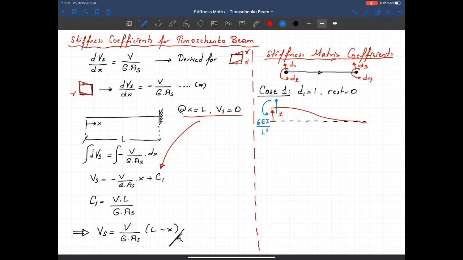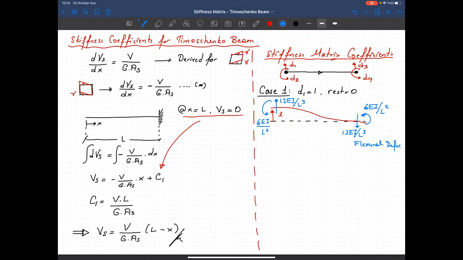This force is 12EI over L cubed. This one is 12EI over L cubed. And the rotation is 6EI over L squared. So that's the case when we have only flexural deformation.